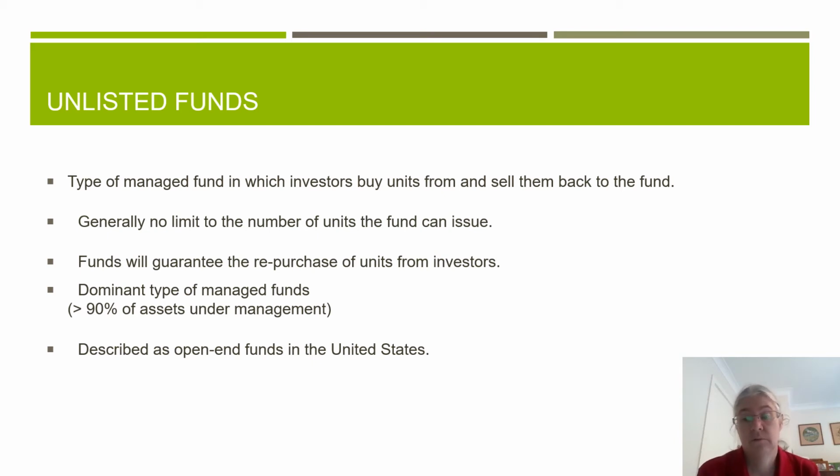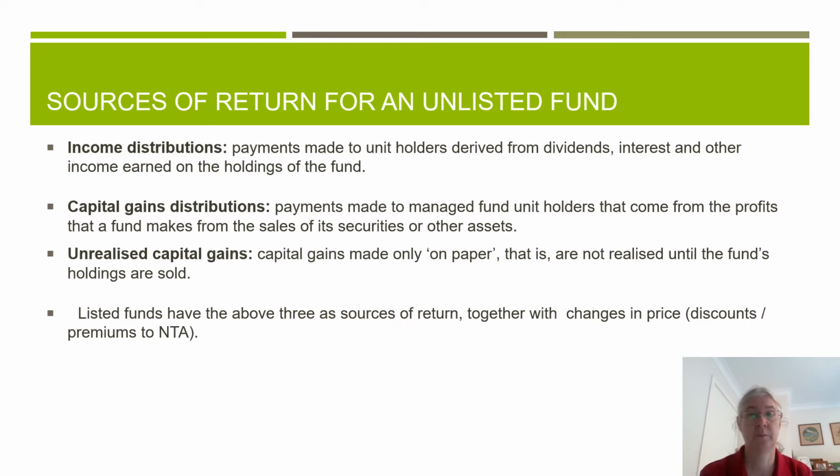So there are no maximums, no limit on the number of units the fund can issue. They can just keep on issuing them. And funds guarantee the repurchase of units from investors. This is the major type of managed funds that we have here in Australia. In America, they would describe this as open-ended funds. Other type, we'll get to that a bit later.